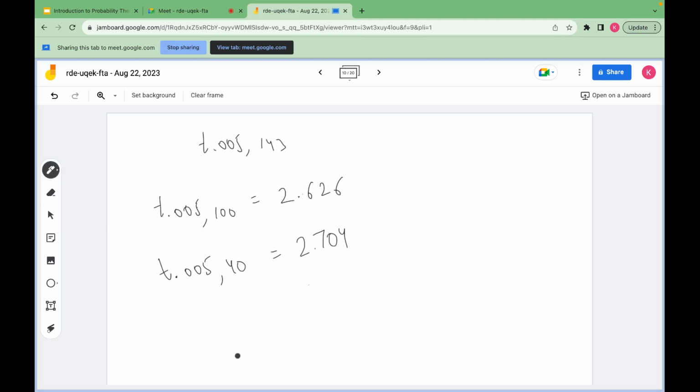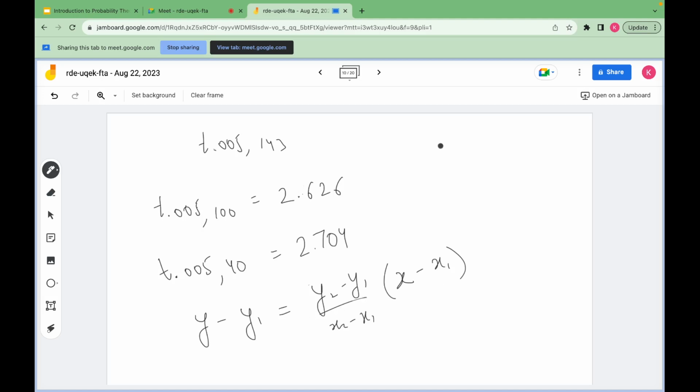Okay, so we know this y minus y1 is equal to y2 minus y1 upon x2 minus x1 into x minus x1. So we know this equation, right?